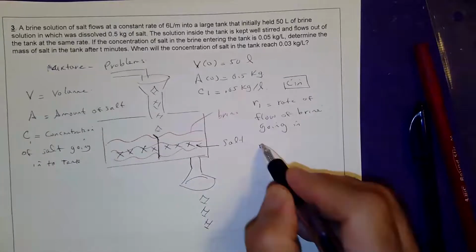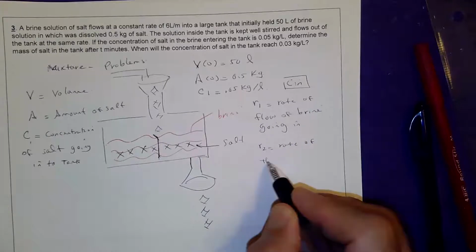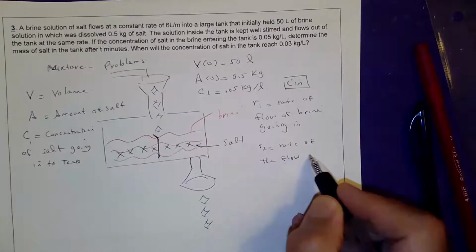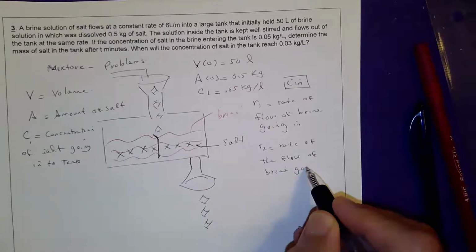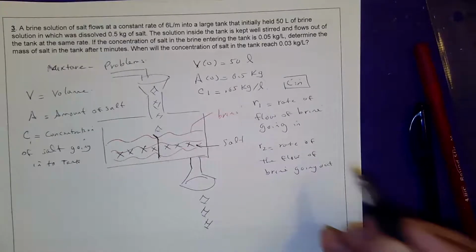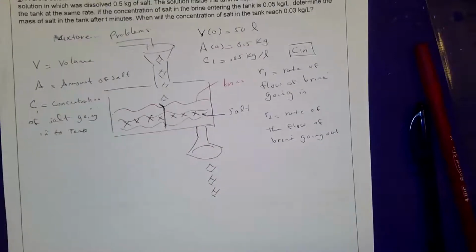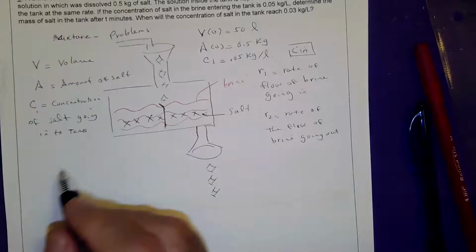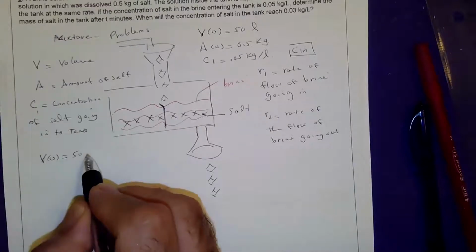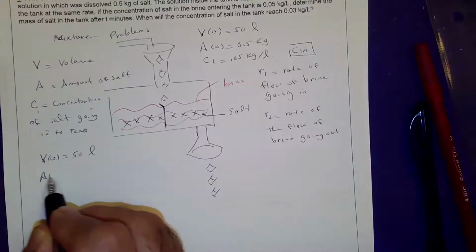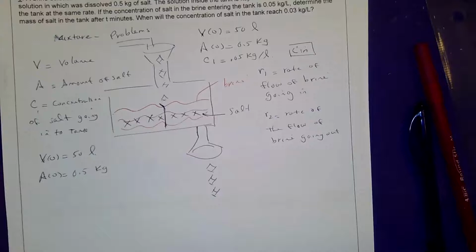And I'm going to show R2, the rate of the flow of brine flowing out of the tank, yes? We do know the initial value of the brine, which is 50 liters, and the initial value of the salt, which is 0.5 kilogram.